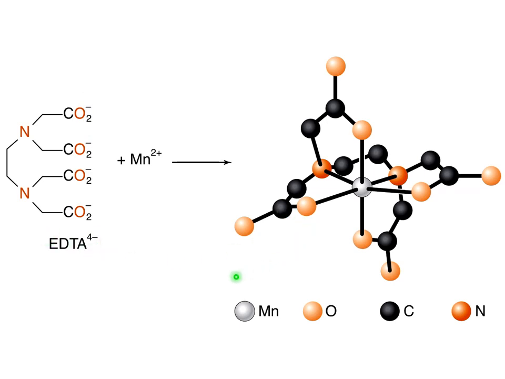So we have, first, a very stable compound because so many atoms interact with the same ion, and second, the composition is always 1 to 1: one metal ion, one EDTA 4 minus anion.